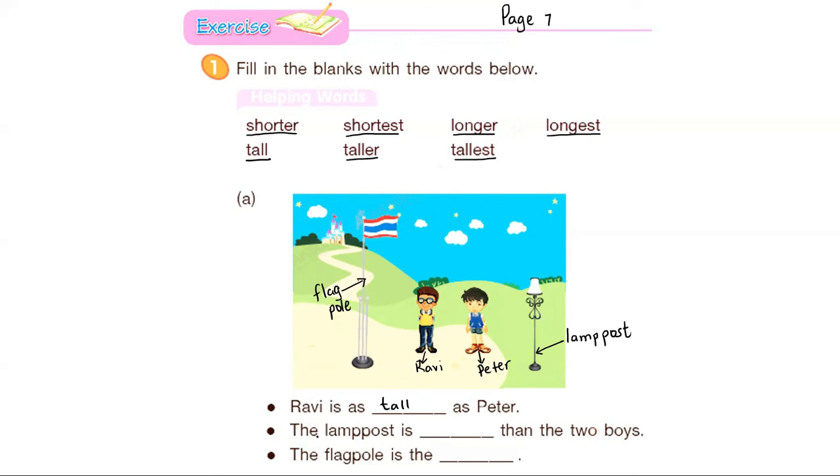Then the lamppost is taller than the two boys. You see, when you look at the lamppost, you see that it is above the two boys. So we say that the lamppost is taller than the two boys. Taller.